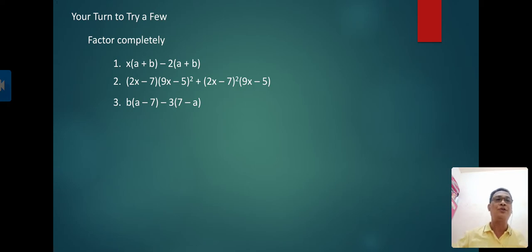Now it's your turn to try a few. Factor completely. Number 1: x(a + b) - 2(a + b). That is quite easy.